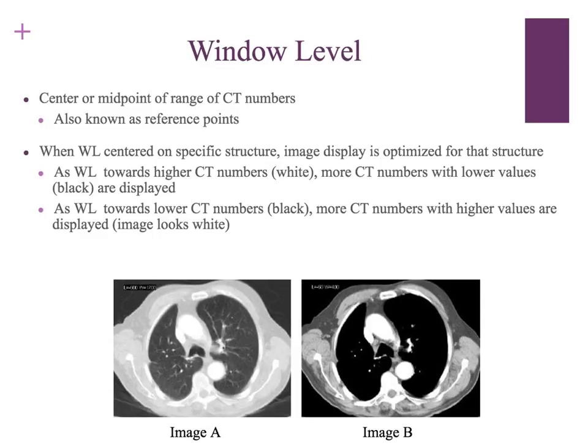In the picture shown, image A shows when a narrow window width is useful, like when possibly looking for pathology in the lung. And you can see the vessels actually are seen much better in image A here than image B, and the narrow window width allows this.